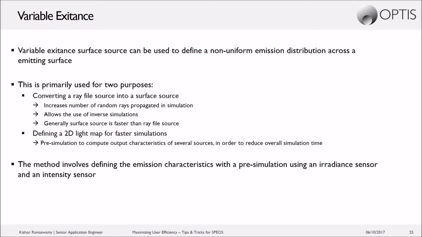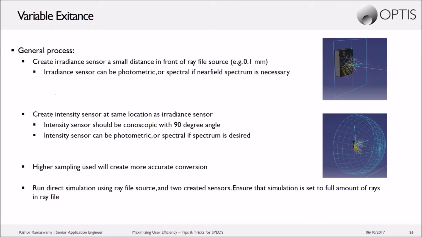Essentially we pre-compute several sources in order to reduce the overall simulation time when we're running all of these sources through our light guide or whatever particular application we're using. This method essentially involves defining the emission characteristics with a pre-simulation using a radiance sensor and an intensity sensor, and then using those outputs as an input into this variable exitance source.